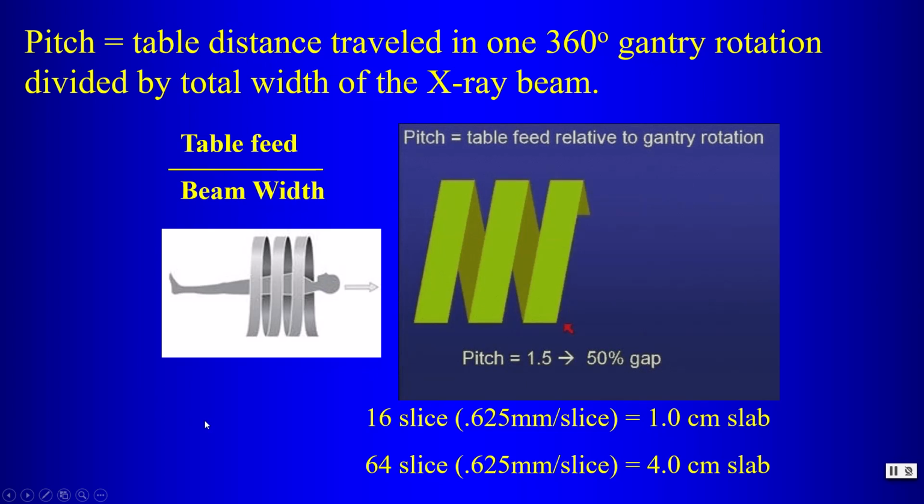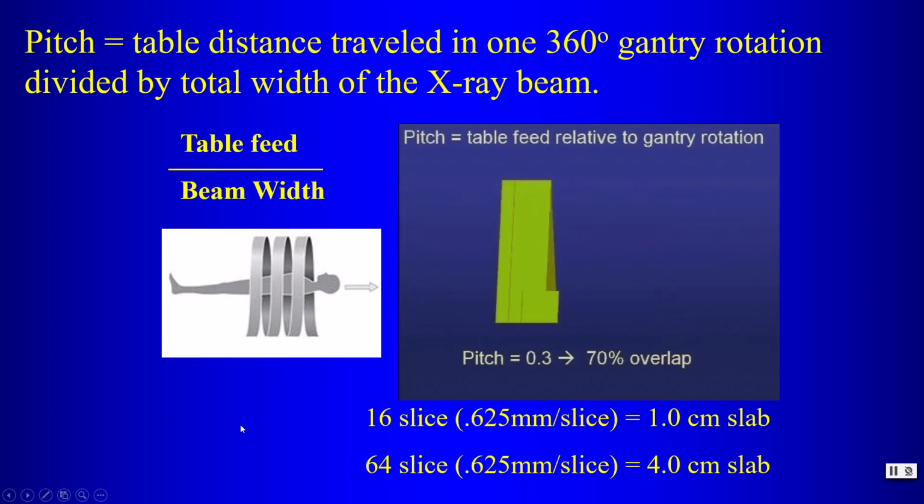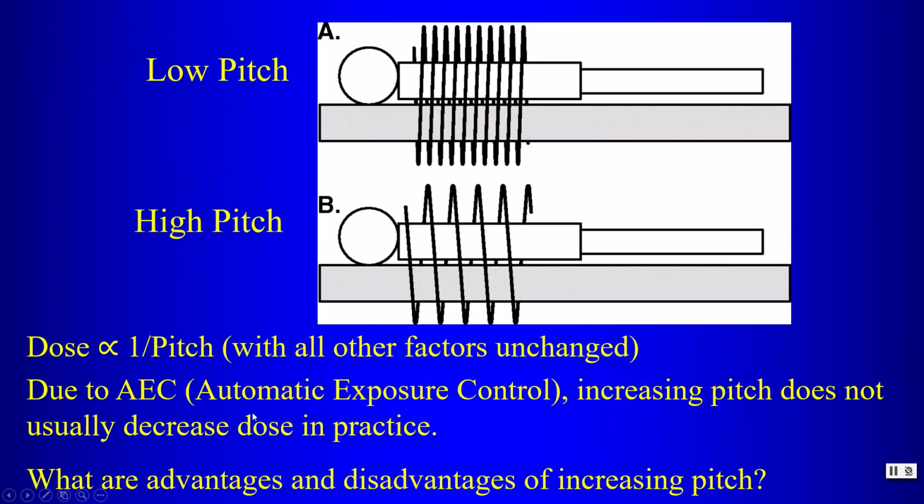And if there's a little bit of spacing, as you see here, then your pitch will be greater than 1. So you can have a low pitch scan where you have some overlapping between the different slabs, or you can have a high pitch scan where you have very little or no overlapping between the scans, and some spacing between those slabs.